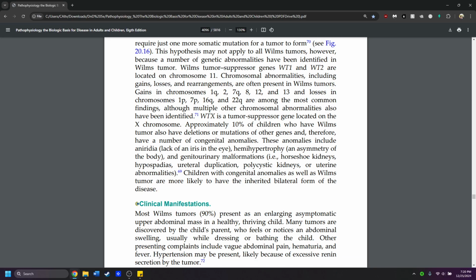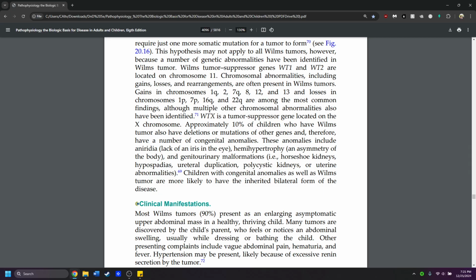This hypothesis may not apply to all Wilms tumors, however, because a number of genetic abnormalities have been identified in Wilms tumors. Wilms tumor suppressor genes, WT1 and WT2, are located on chromosome 11. Chromosomal abnormalities including gains, losses, and rearrangements are often present in Wilms tumors.